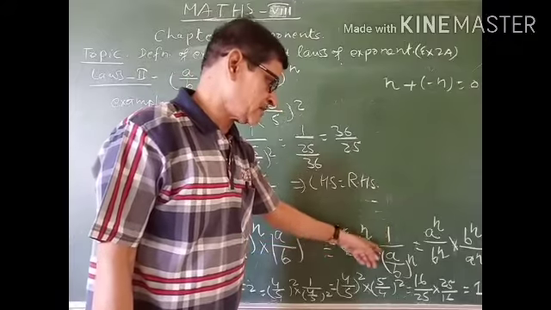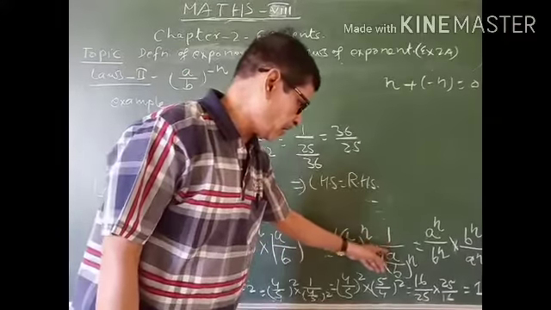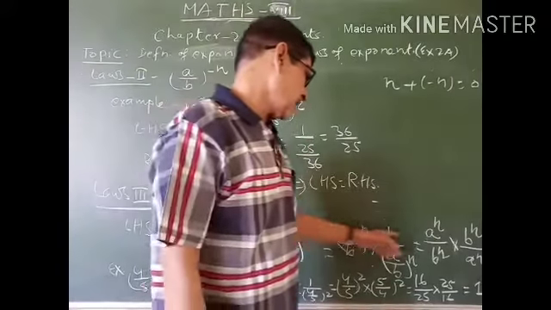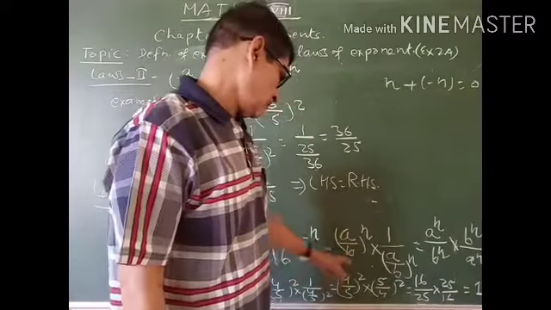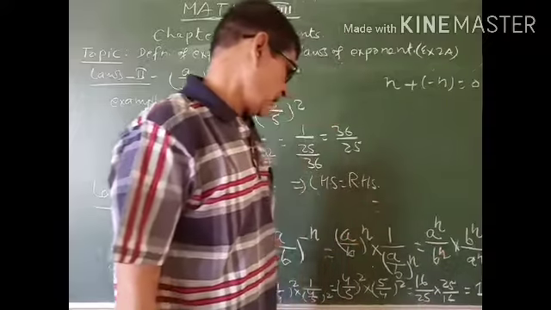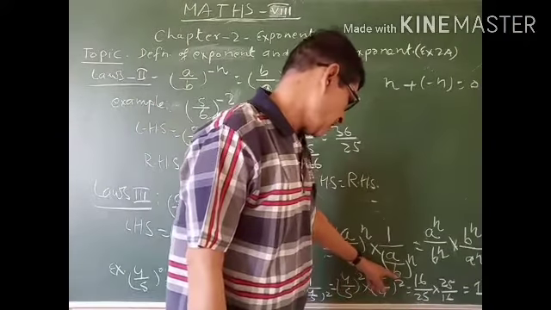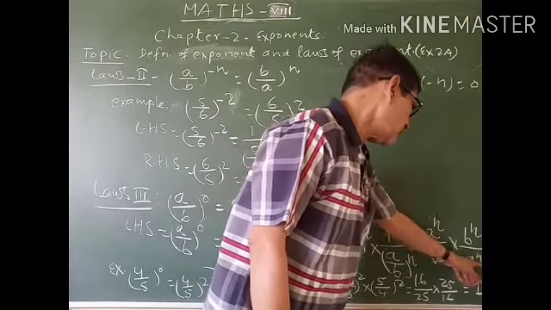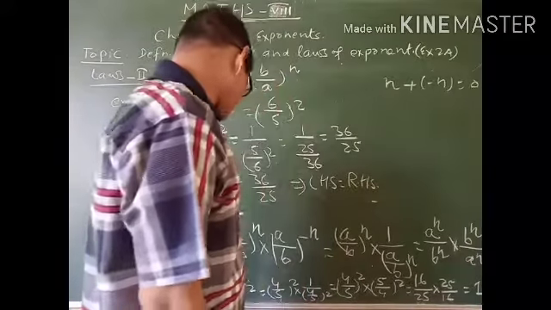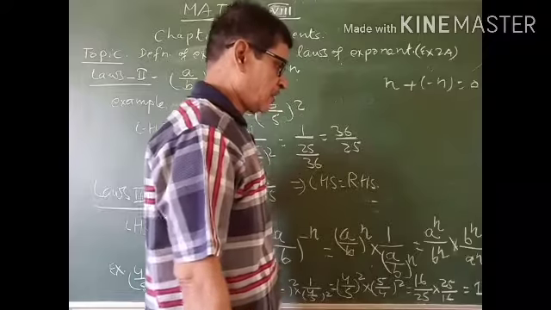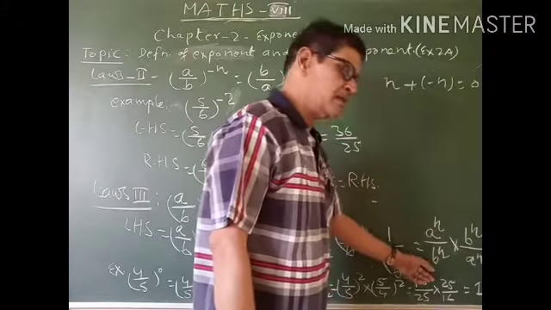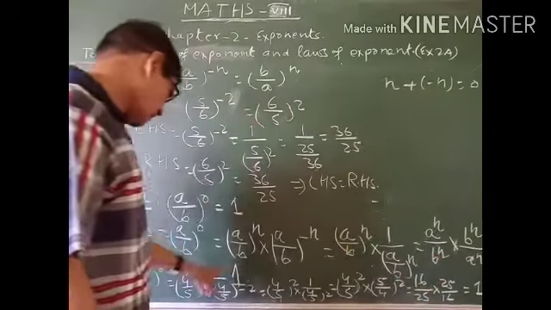Thus you can write here a by b to the power n into 1 by a by b to the power n. This can be written as a to the power n, b to the power n into, this will go up, b to the power n by a to the power n. And finally what you get? This will cancel and this will also cancel, and this will become equal to 1.